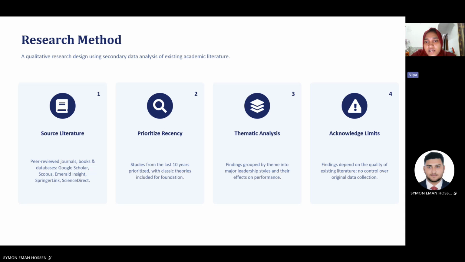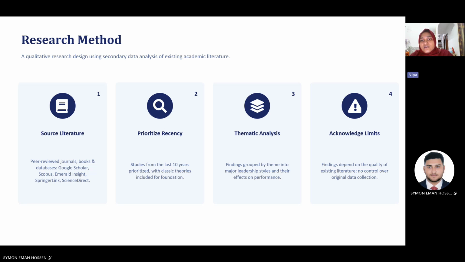Step 1. I sourced materials from peer-reviewed journals and academic databases like Google Scholar, Scopus, Emerald Insight, Springer Link, and Science Direct. Step 2.